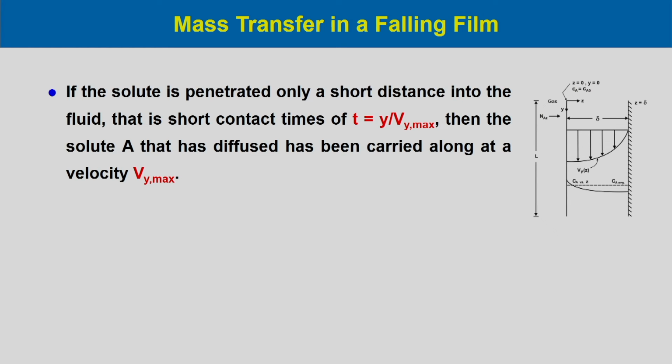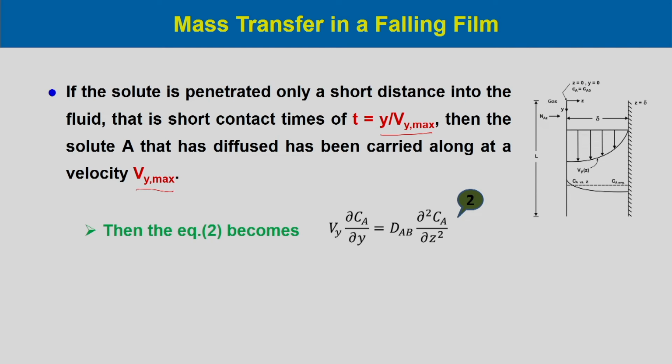If the solute has penetrated only a very small distance into the fluid from the surface, this is possible when the contact time is very small, that is t is equal to y by V y max. Then the solute A that has diffused has been carried along at a velocity V y max.